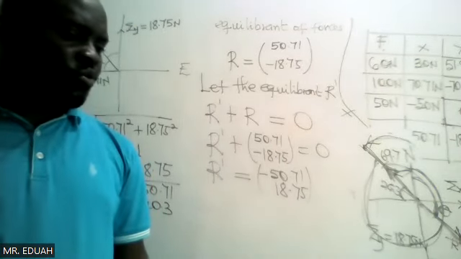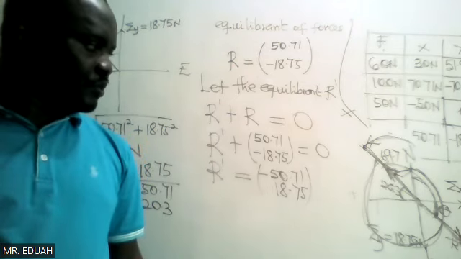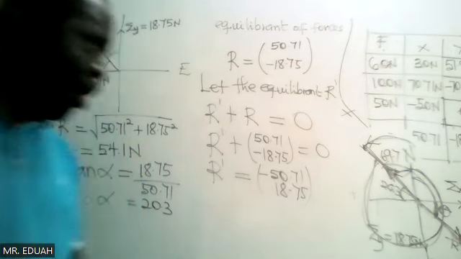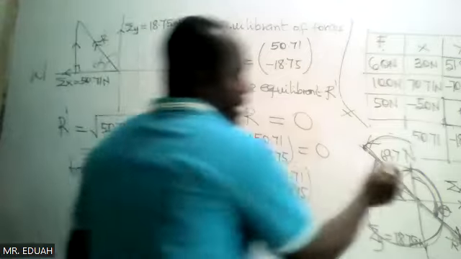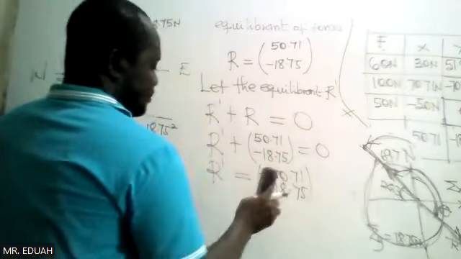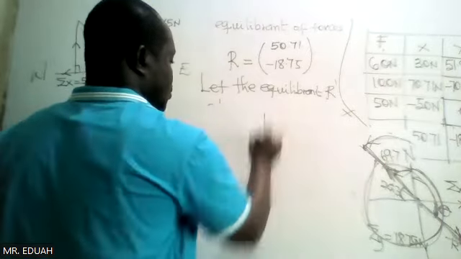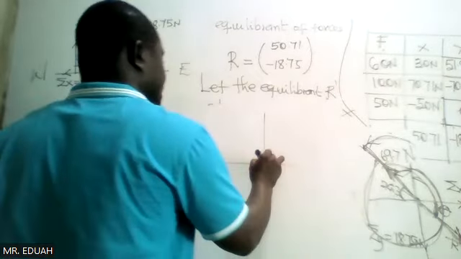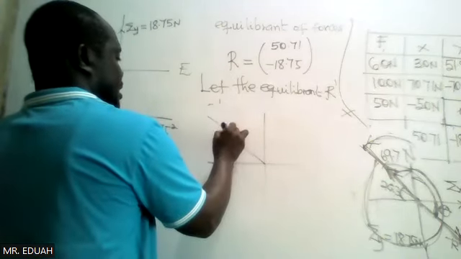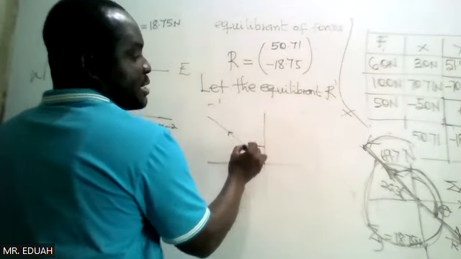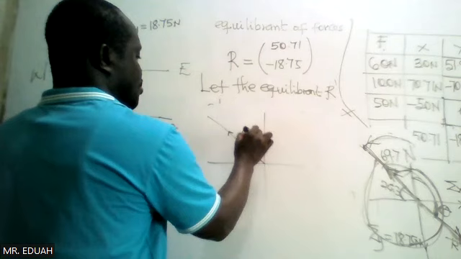Okay. Thank you. As I said, what we measured, the equilibrant is here. This angle is 69.7.